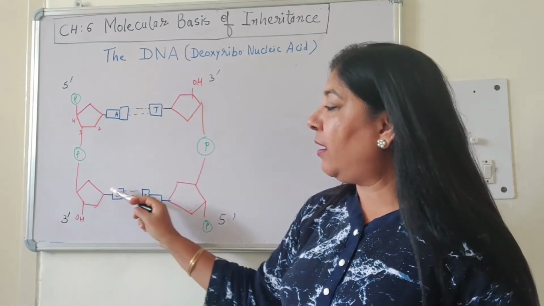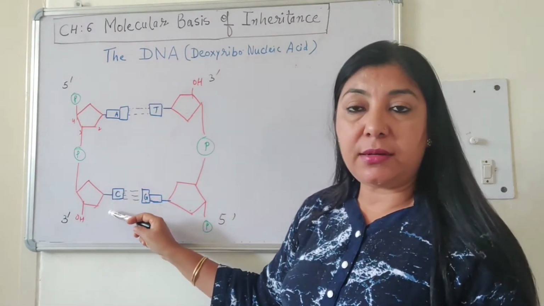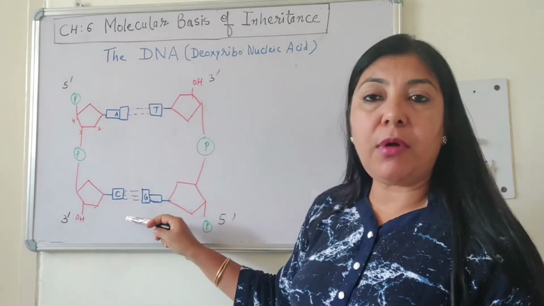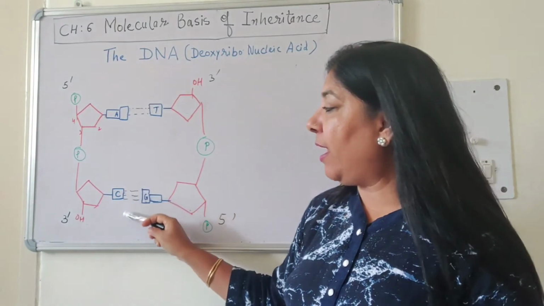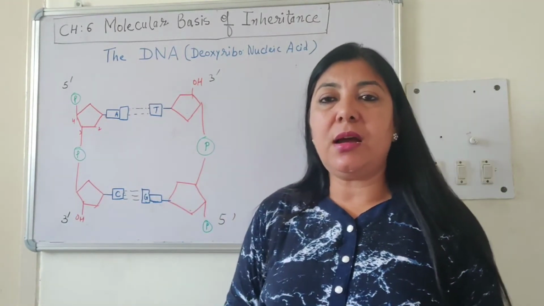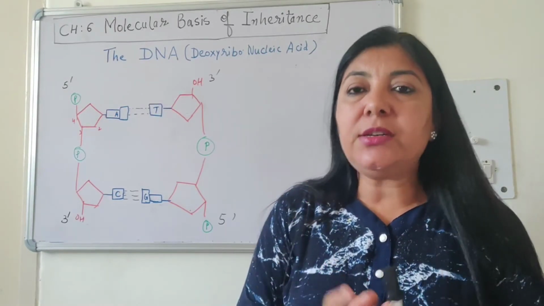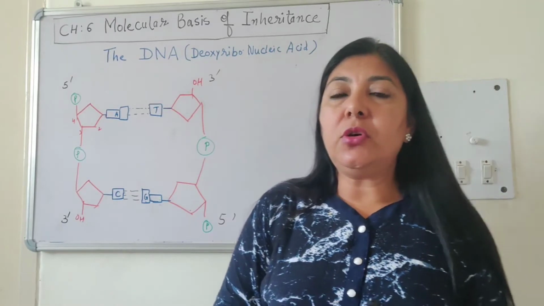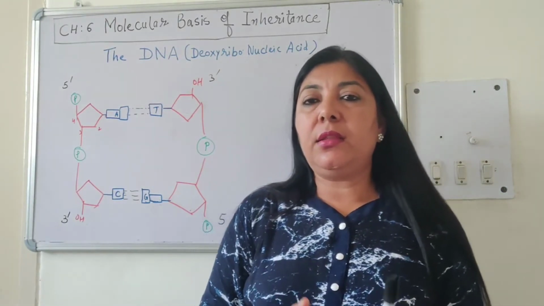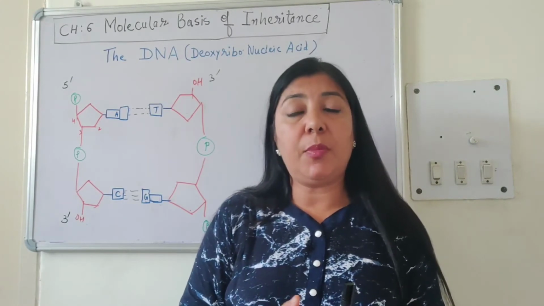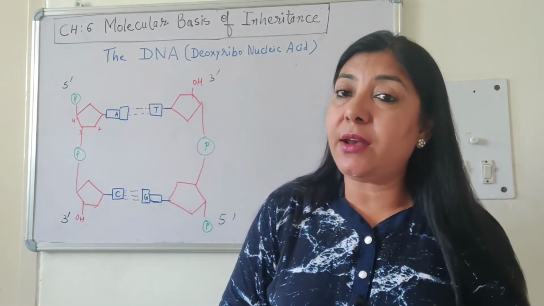Likewise, if there is cytosine, the other deoxyribose will have guanine and they will have three hydrogen bonds. So this is a double-stranded polynucleotide chain.